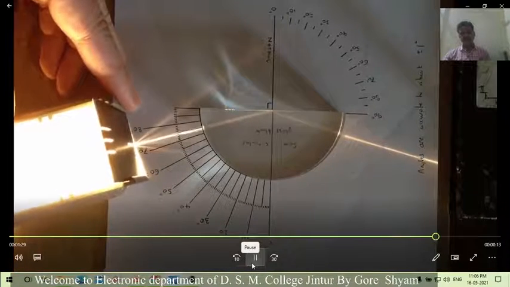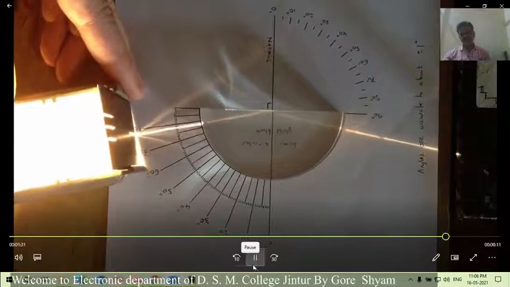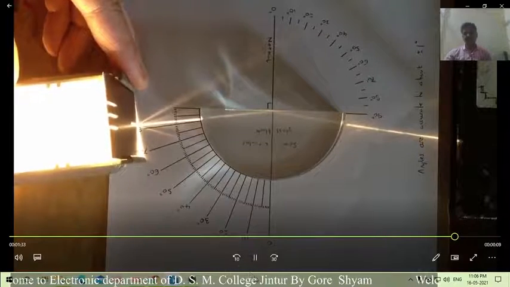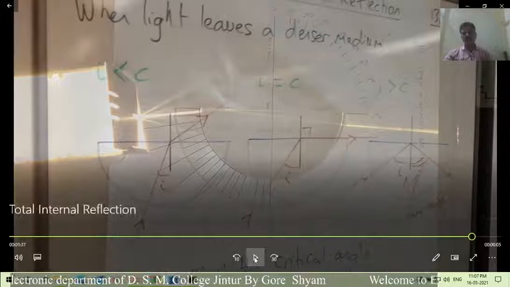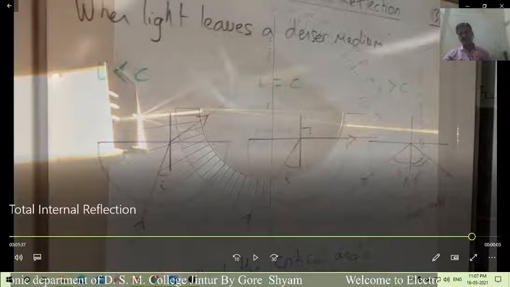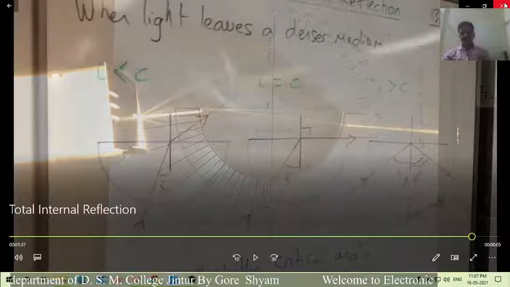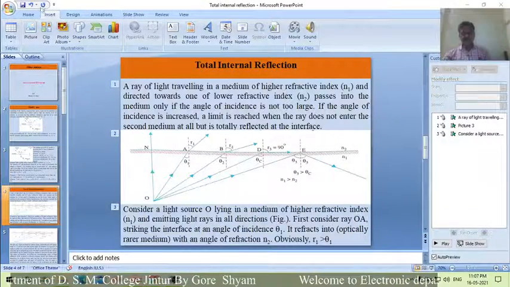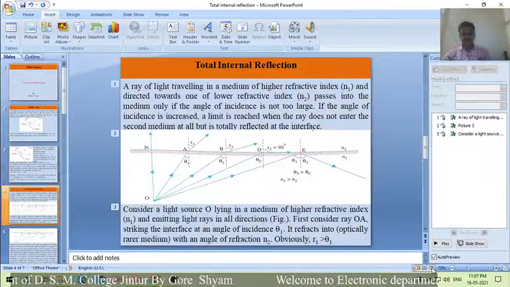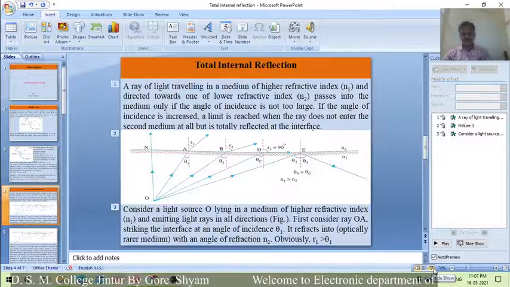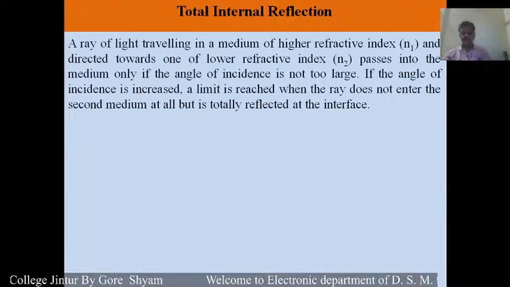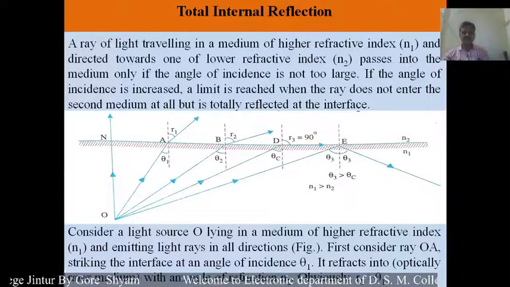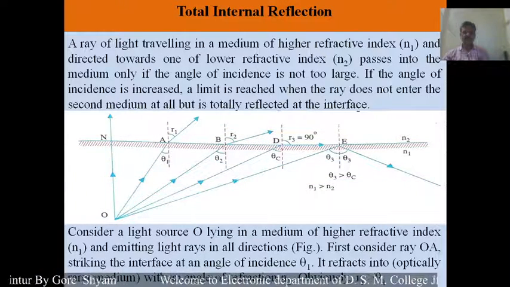This is the total internal reflection. For all angles greater than the critical angle, there is total internal reflection. This is the phenomenon of total internal reflection.